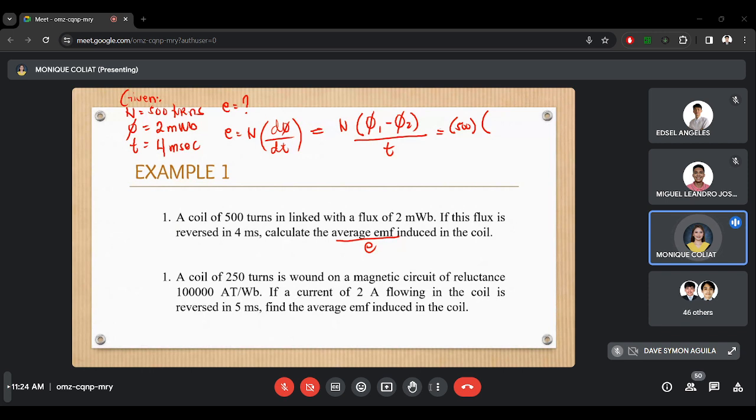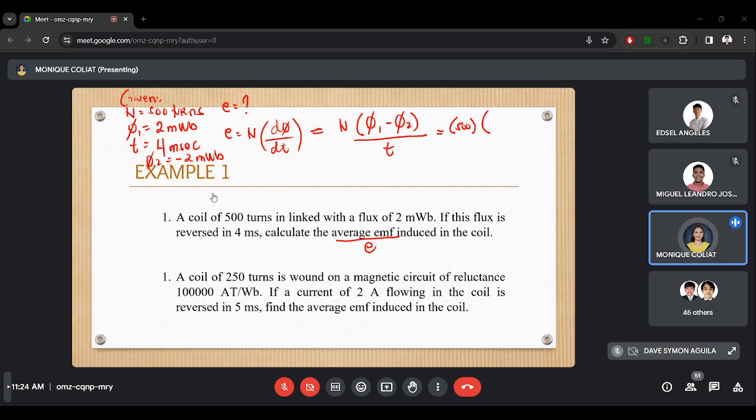It says the flux is reversed. If the flux is reversed, then your other flux will be just the same as the first flux, but in a different direction or different polarity. So that will be negative 2 milliweber. Flux 1 is 2 milliweber, flux 2 is equal to negative 2 milliweber.